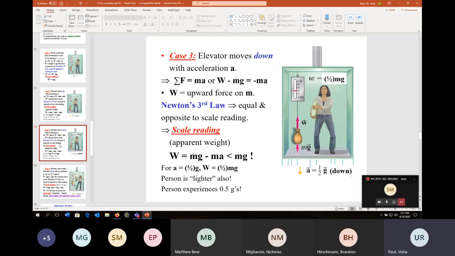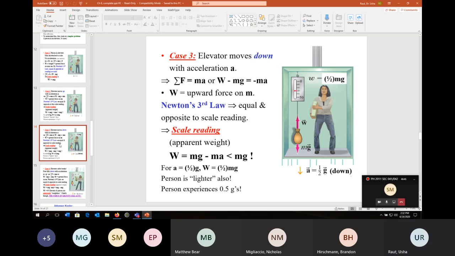So even if you don't have any elevator accelerating up and down, if you took the same mass to the moon, it's obviously going to weigh 1/6 of its weight on Earth, because the acceleration due to gravity on the moon is 1/6 of 9.8. So the weight itself is dependent on the state of motion of the object, whether it's being accelerated or not, and also on the acceleration due to gravity.